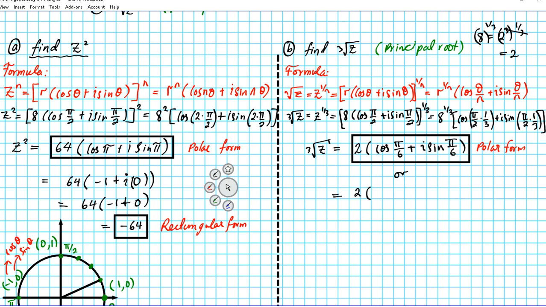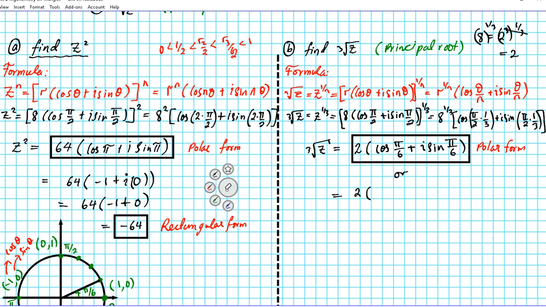For that particular one, pi over 6, do you remember what the coordinates are in quadrant 1 on the unit circle? You need to remember your sequence of numbers. You have 0, 1/2 for 30, root 2 over 2 for 45 degrees, root 3 over 2 for 60 degrees, and then 1 for 90 degrees.